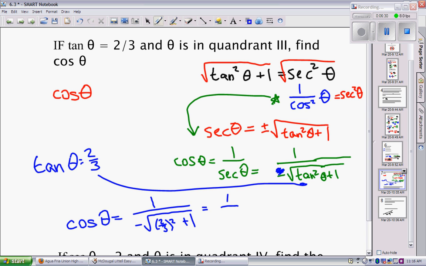So you're at 1 over the negative square root of 13/9. You can take the square root of the 9, so it gives you the negative square root of 13 over 3 in the denominator. And now it can't have a fraction within a fraction, so you flip it. You get negative 3 over root 13, and you can rationalize it and get negative 3 root 13 over 13.